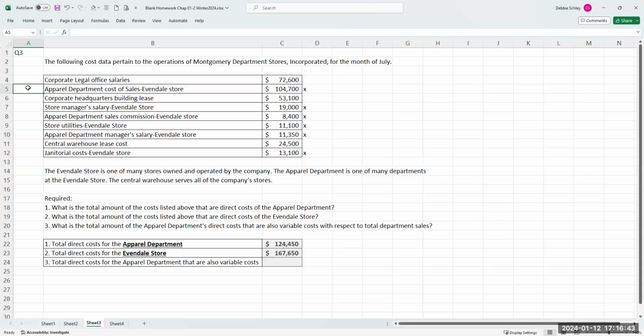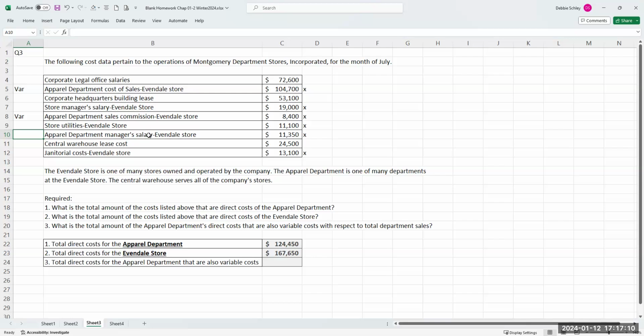So the apparel department cost of sales, that's variable. The apparel department sales commission, yes, that changes depending on how much you sell. And then the apparel department manager's salary was the other direct cost for the apparel department.